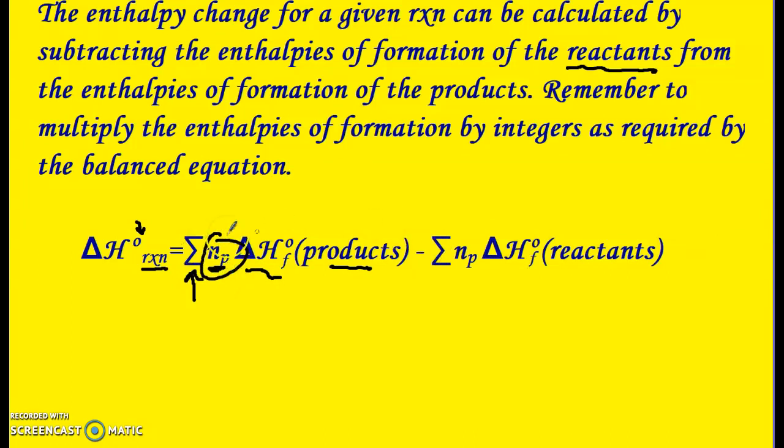Once we get that number, we're going to subtract the sum of all of the enthalpies of formation for all of the reactants, multiplying them all by the number of moles. So there's your equation. I'll come back to refer to it a couple times, but the math is pretty easy. You multiply, add the products together, do the same thing for the reactants, and subtract it from the products.